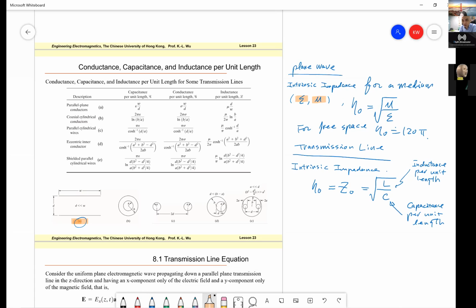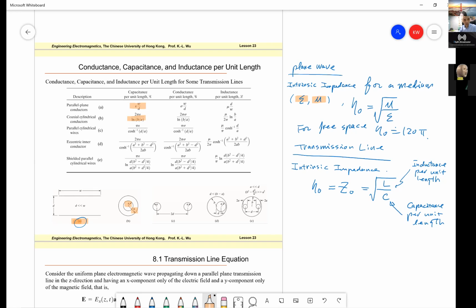For example, for capacitance per unit length, for different transmission lines, parallel plate or coaxial cable, we can find it is only determined by the dimensional parameters such as a and b, right?